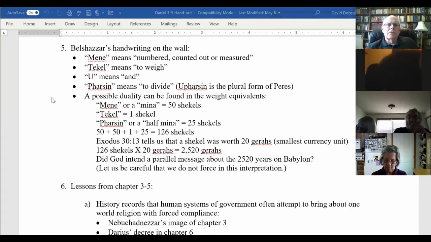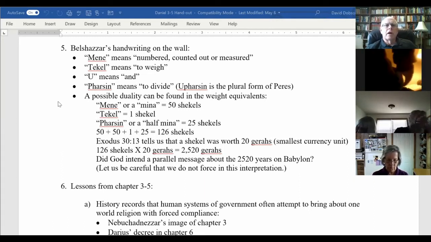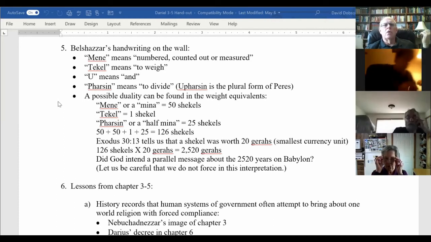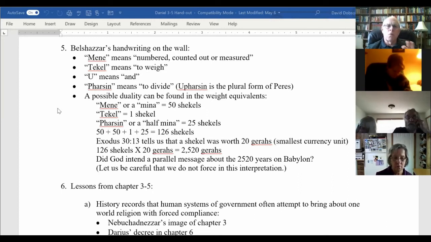But it is interesting, as you'll see here, and the Bible reading program also has a section on this as well. These terms are weights, and they have a currency, a monetary value. The mene is 50 shekels.